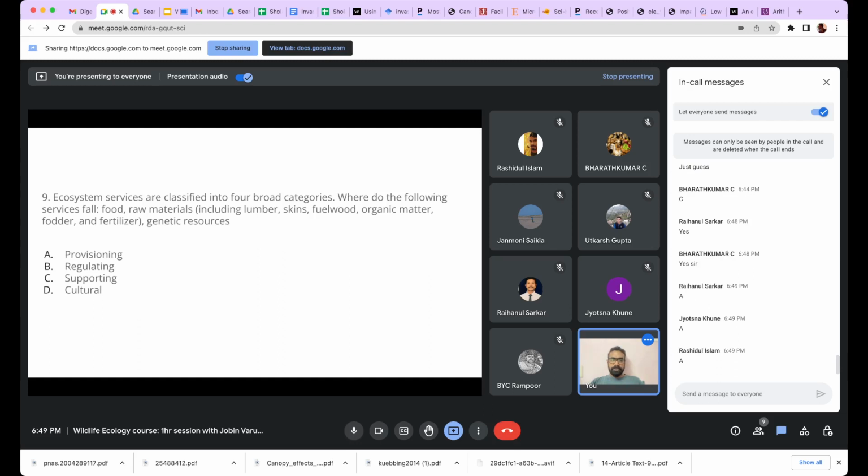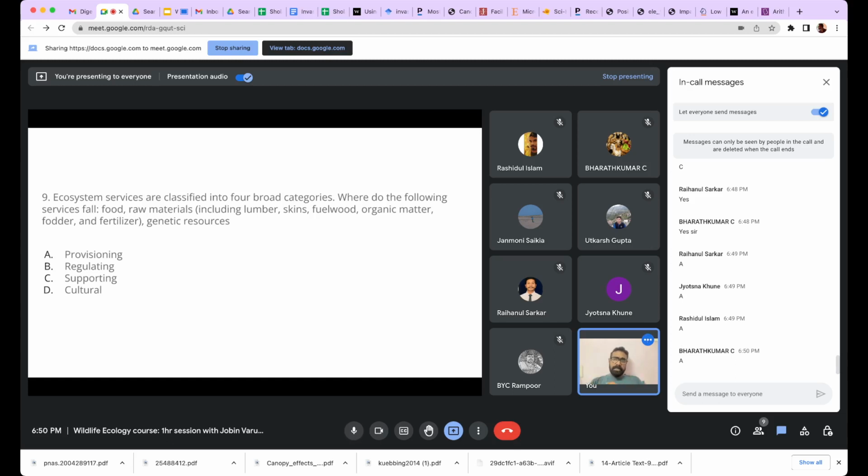Rashid says A. Jyotsna says A. Okay, so Utkarsh, you don't have an answer, is it? Yeah, it is A. So provisioning. Everyone knows what ecosystem services, also called ESS, are.